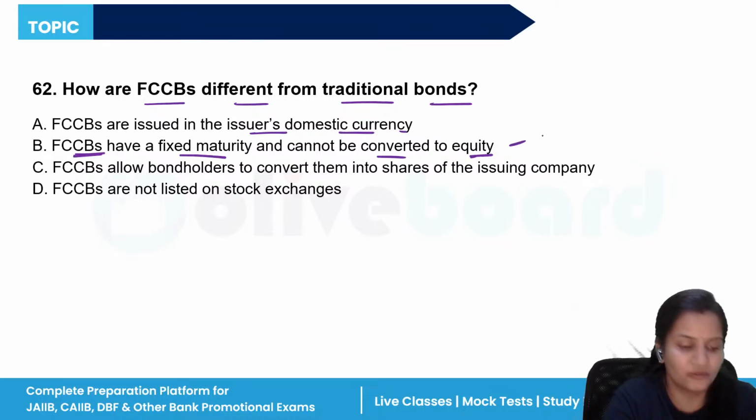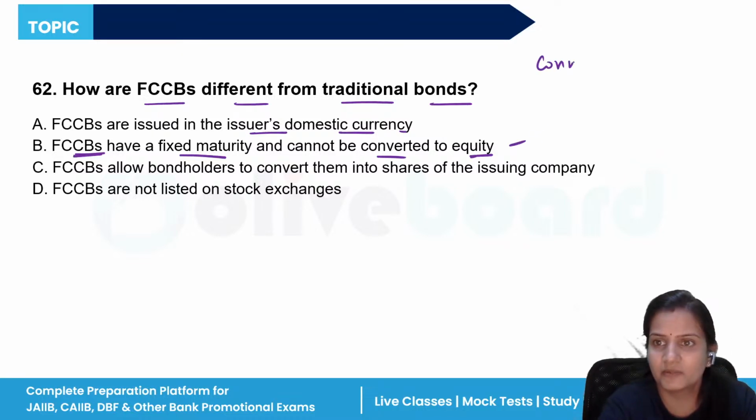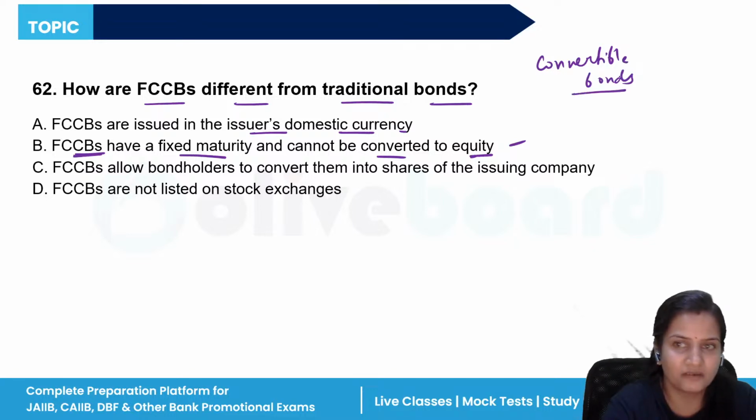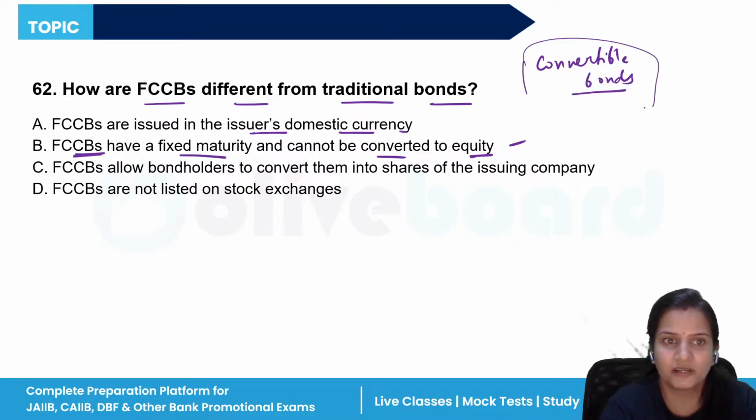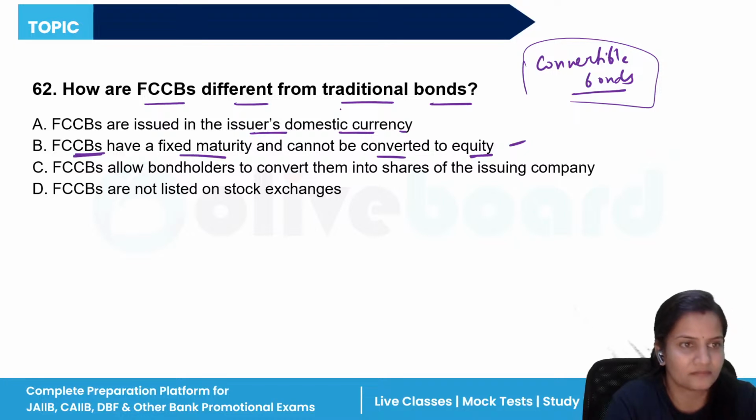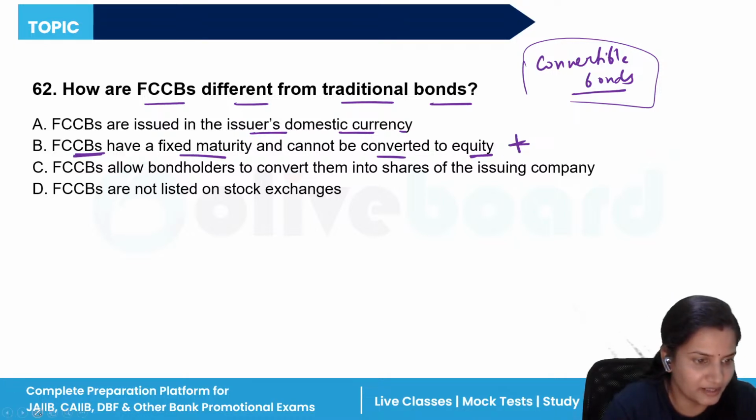They can be converted into equity. That is why it is written convertible bonds. And we have seen that convertible bonds are those bonds which can be converted into equity. So this will not be the answer with the elimination method. You can eliminate this option.